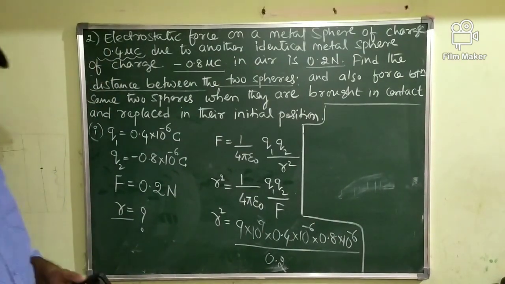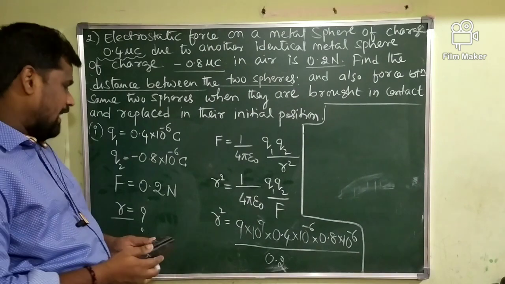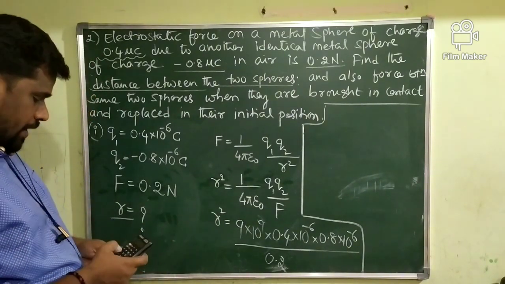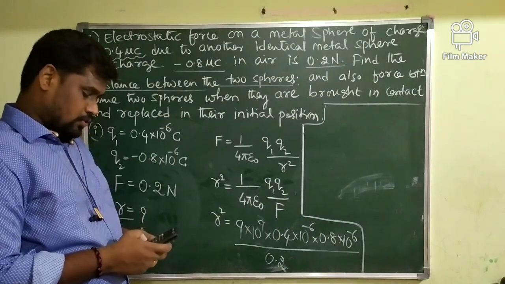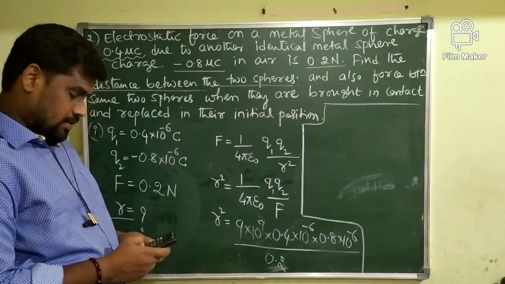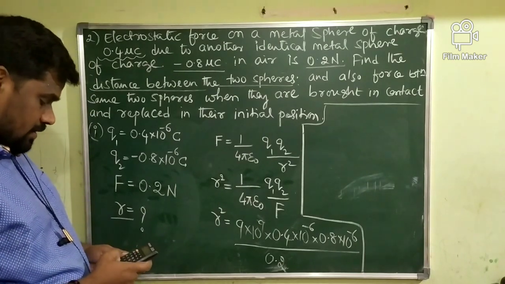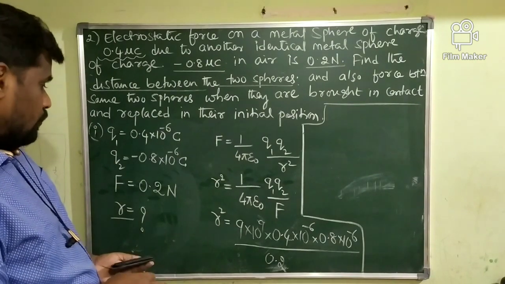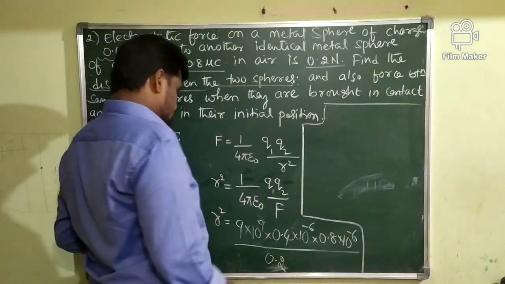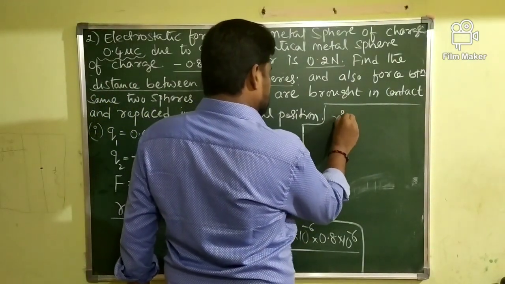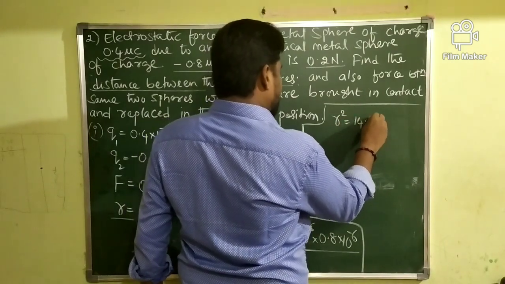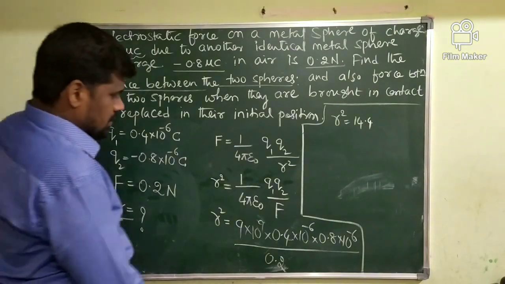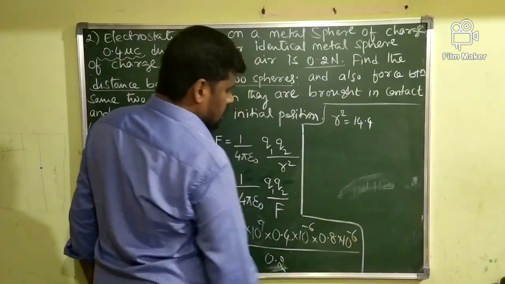We'll save the time, anyhow we are blessed with the calculator. 9 into 0.4 into 0.8 divided by 0.2. We'll get 14.4. R square equals 14.4 into 10 power minus 6.